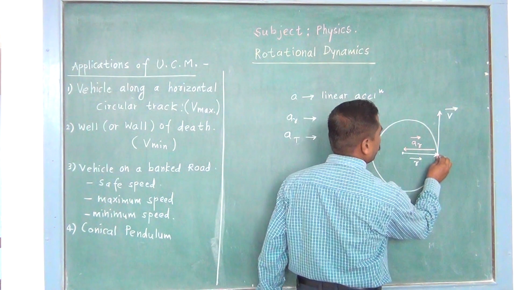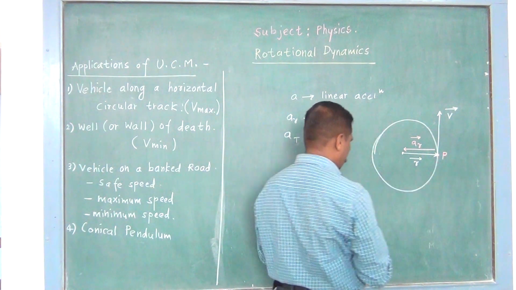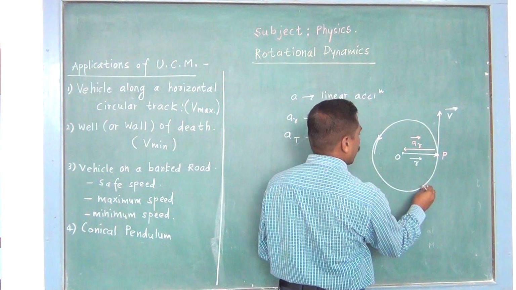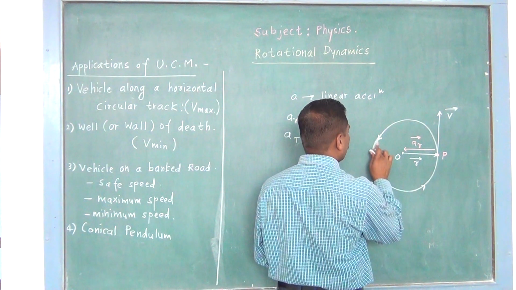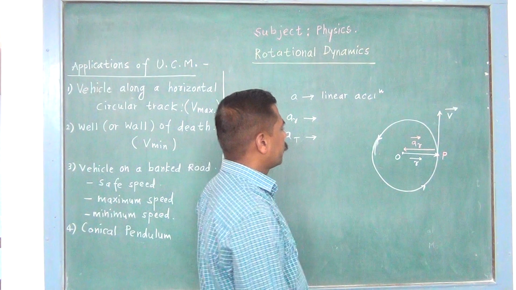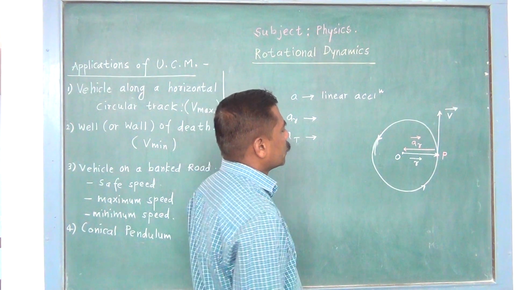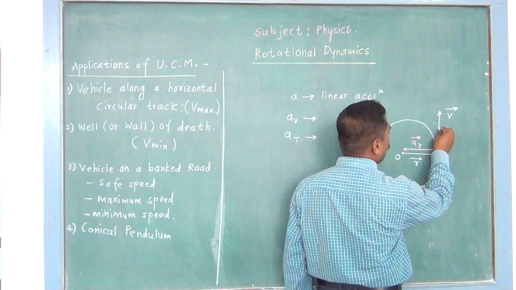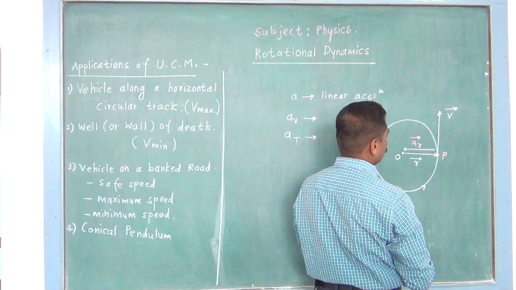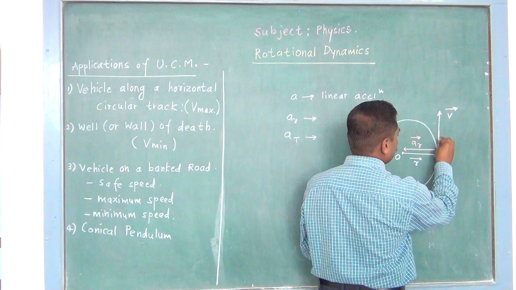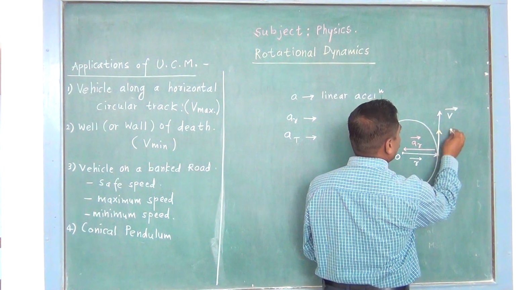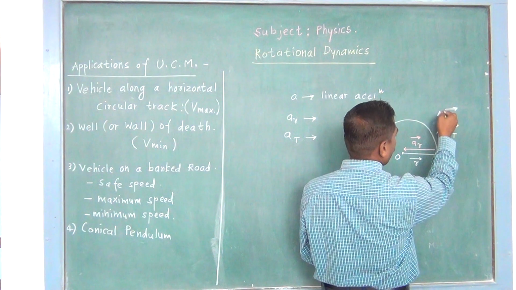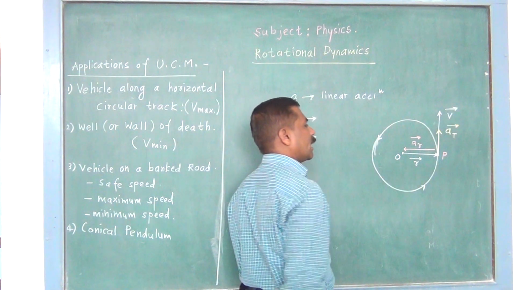The position of the particle is considered here, the center is considered as O, and the particle is moving along the circumference of the circle. Okay, so the tangential acceleration is, suppose, along this direction. This is the direction of the tangential acceleration, maybe upward or maybe downward.